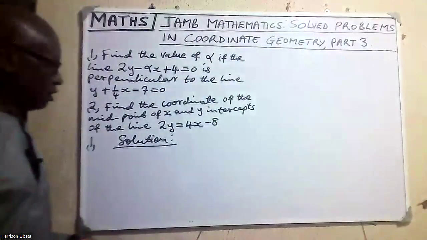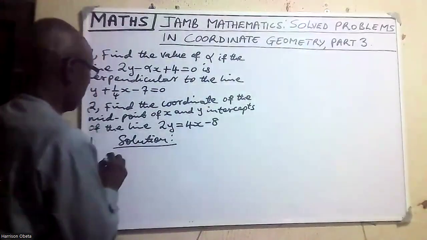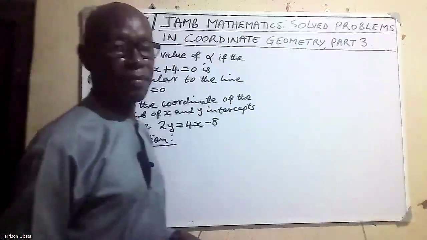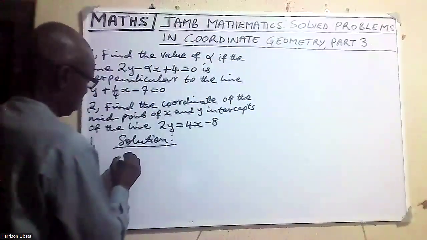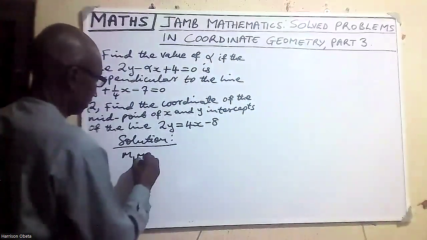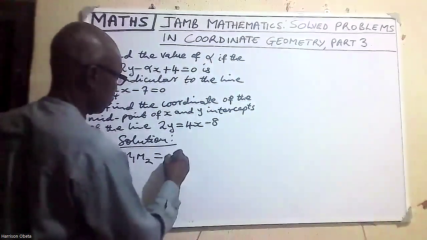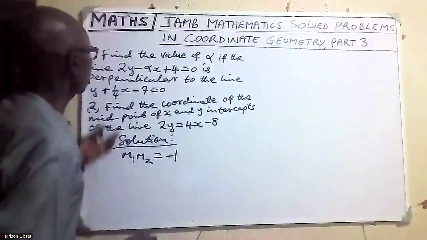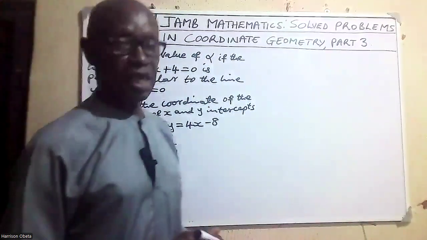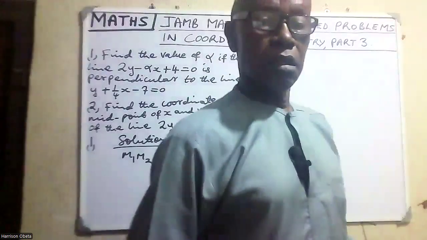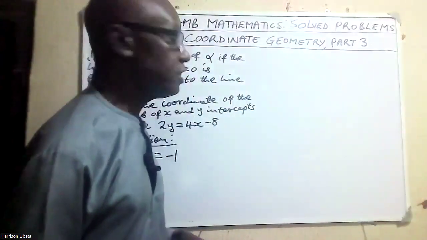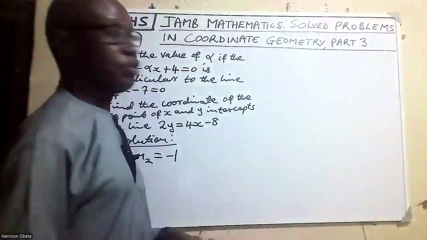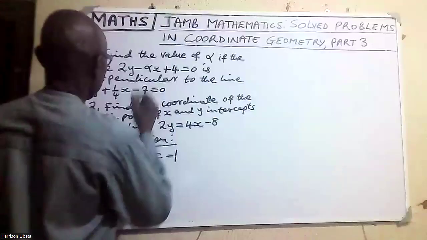When two lines are perpendicular, it means that m1 m2 is equal to minus 1. So we'll first of all start by finding the gradients of each of them. So let's start.